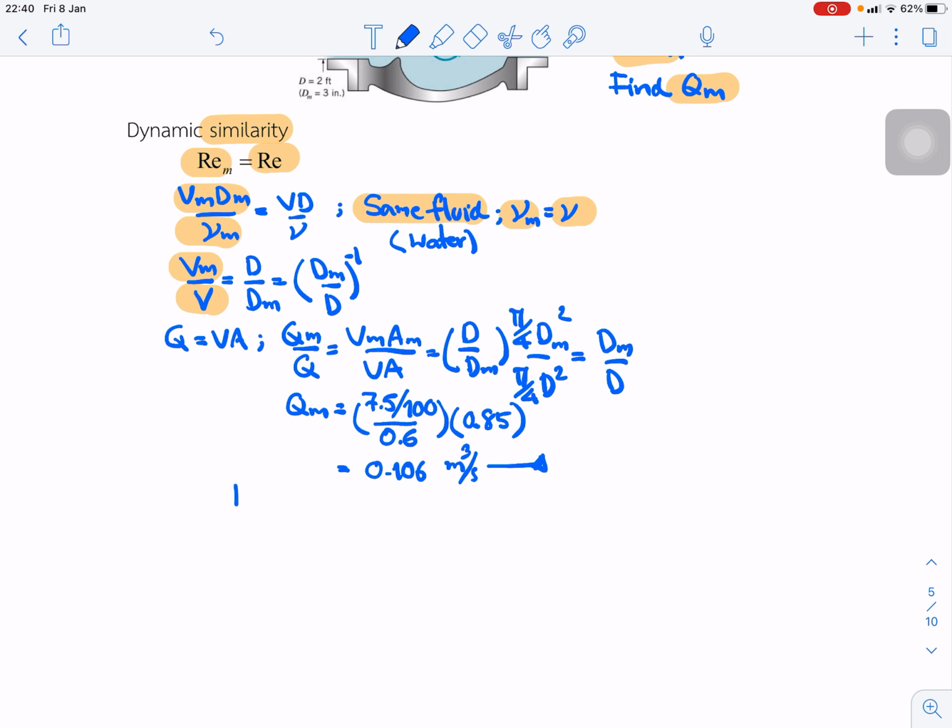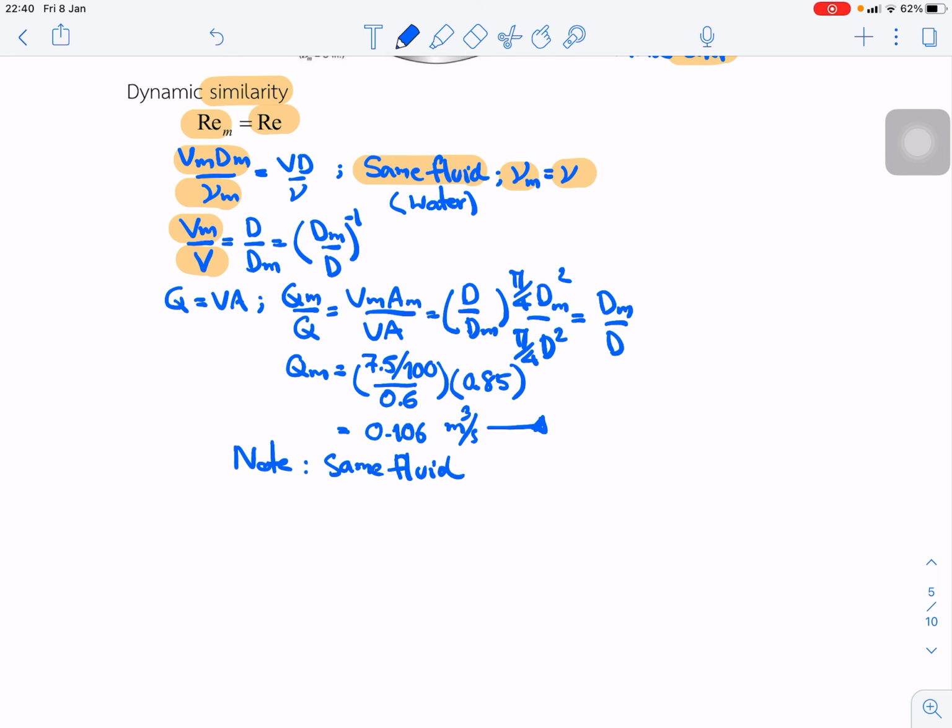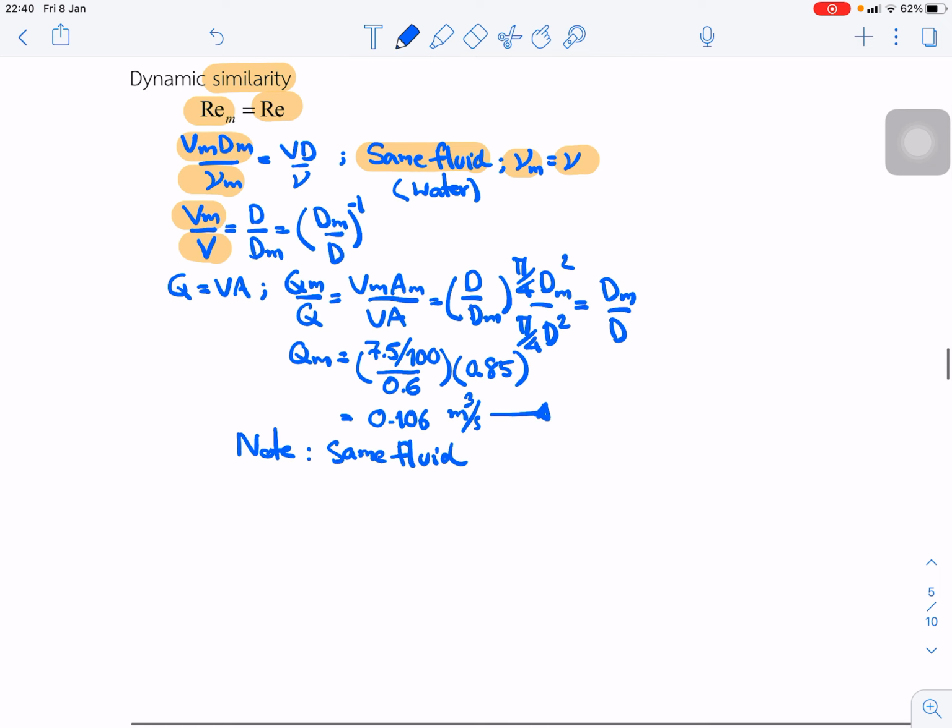In this case, we use the same fluid. If we used a different fluid it would be different. Since we use the same fluid, we check the flow velocity, whether it's possible to test in the lab.